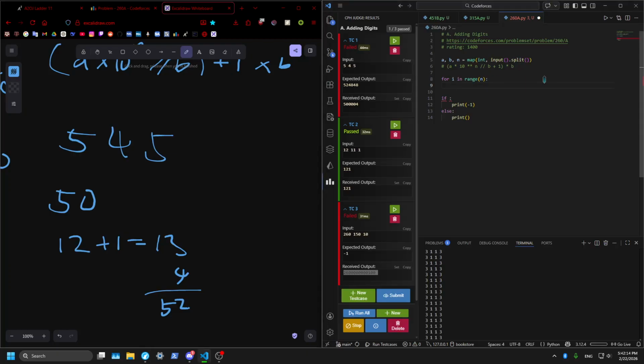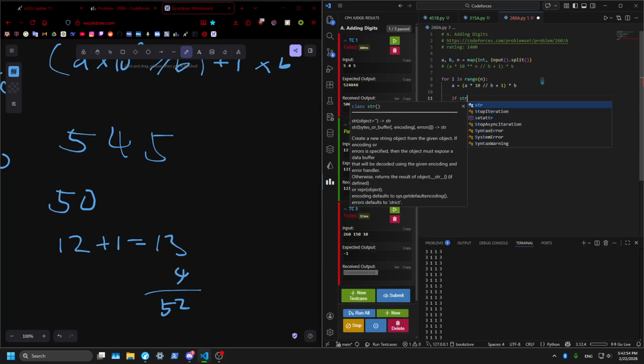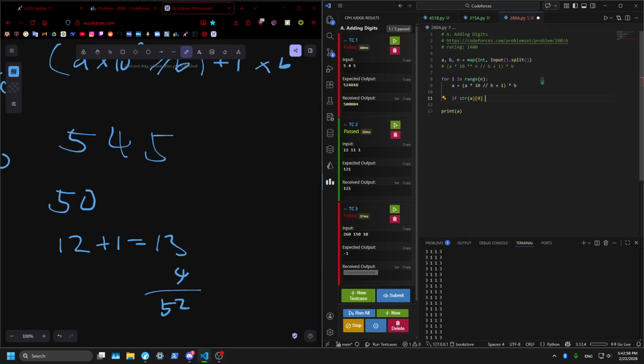So keep track of A. A equals A times 10 divided by B plus 1 times B. If, print a, if str a 0 not equal to, print equals a.